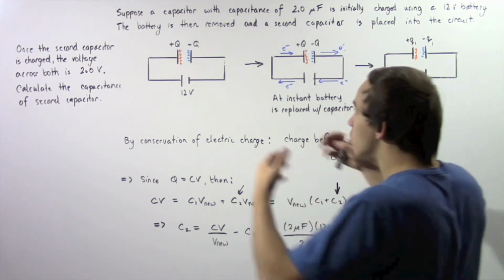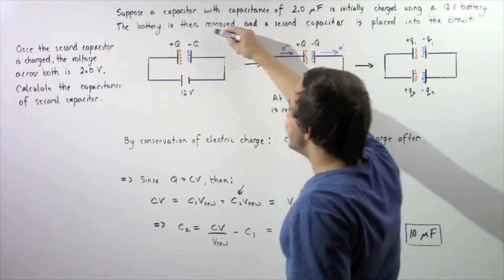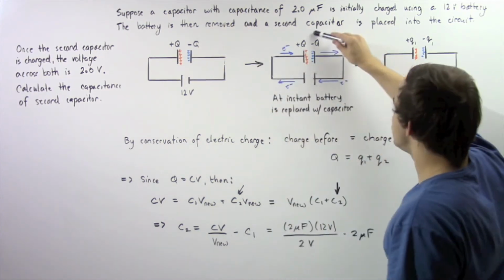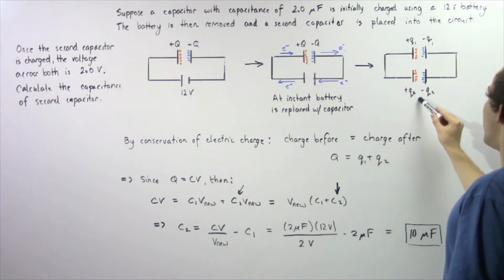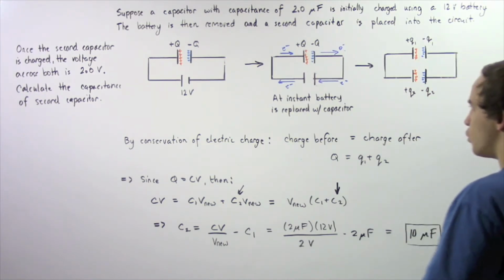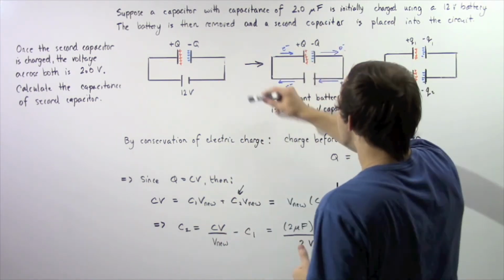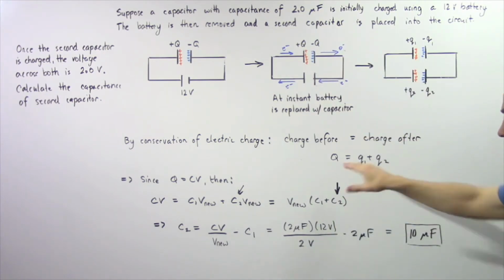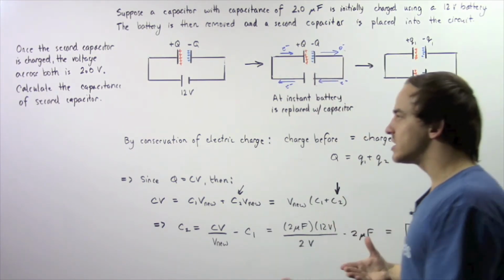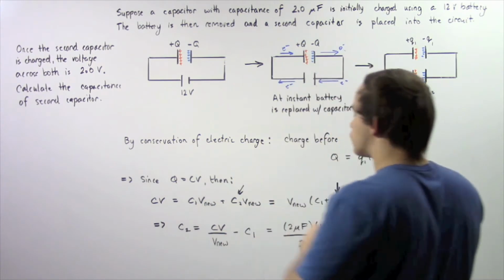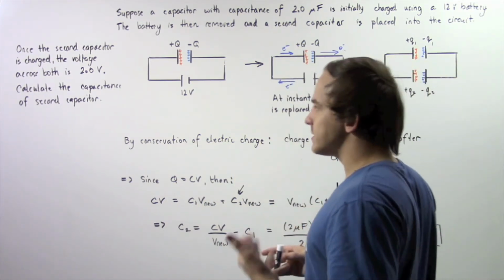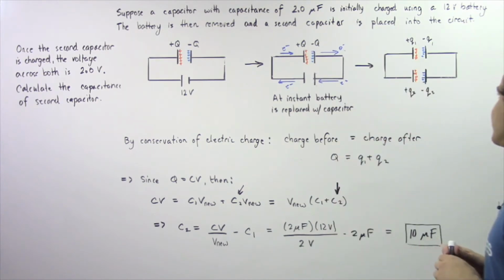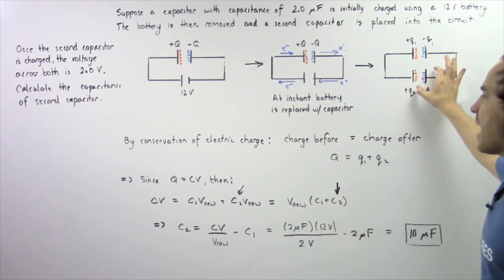Of course, we can also look at the right side. Negative Q is equal to negative Q1 plus negative Q2. Now, we're going to only look at the left side, and this is the equation that we get as a result of the conservation of electric charge. We're going to use this to solve for C2, the capacitance of this second capacitor.